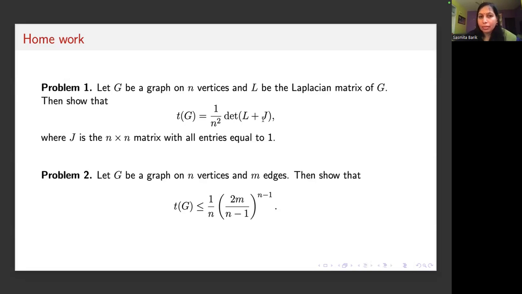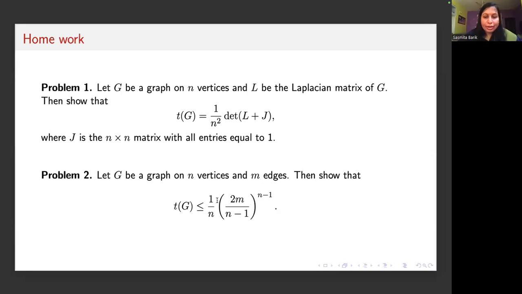So this problem I'll ask you to do. And similarly, another problem gives a bound for the number of spanning trees. The number of spanning trees is bounded by this expression, which is in terms of n and m, where m is the number of edges. So this is also a bound. These two questions I'm asking, you can solve.